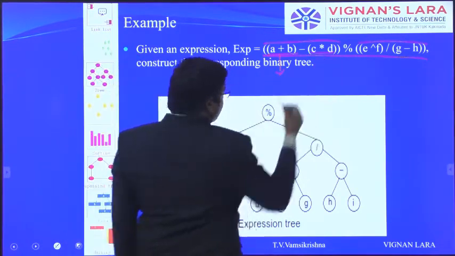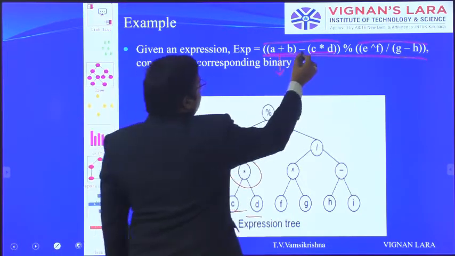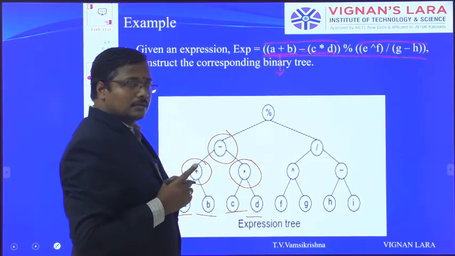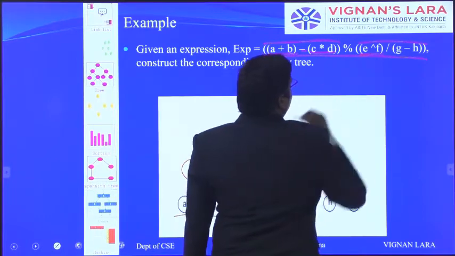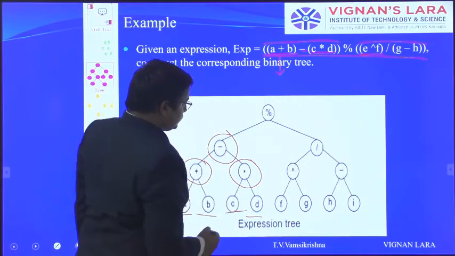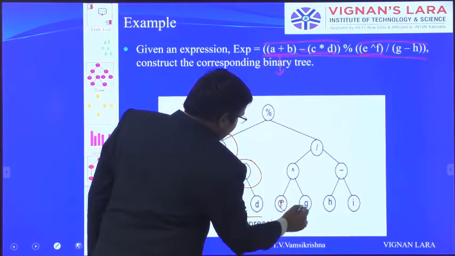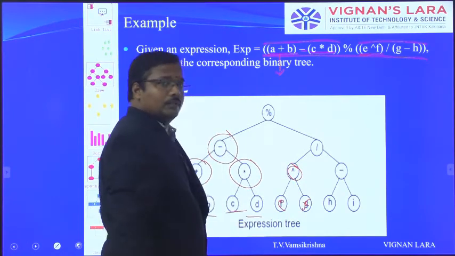Next, similarly, C into D. Then between these two results we apply the minus sign. Similarly here, the nested expression E, F. So this is E, this is F.